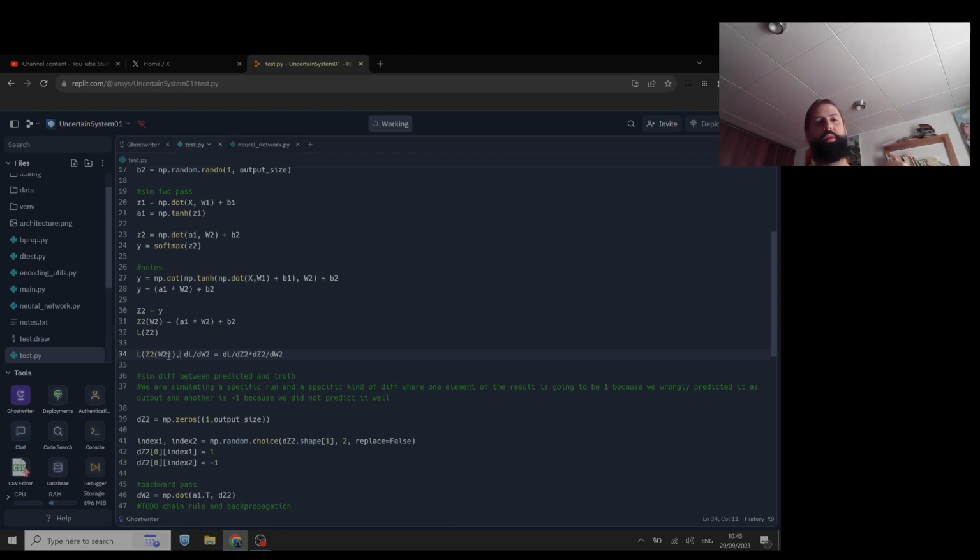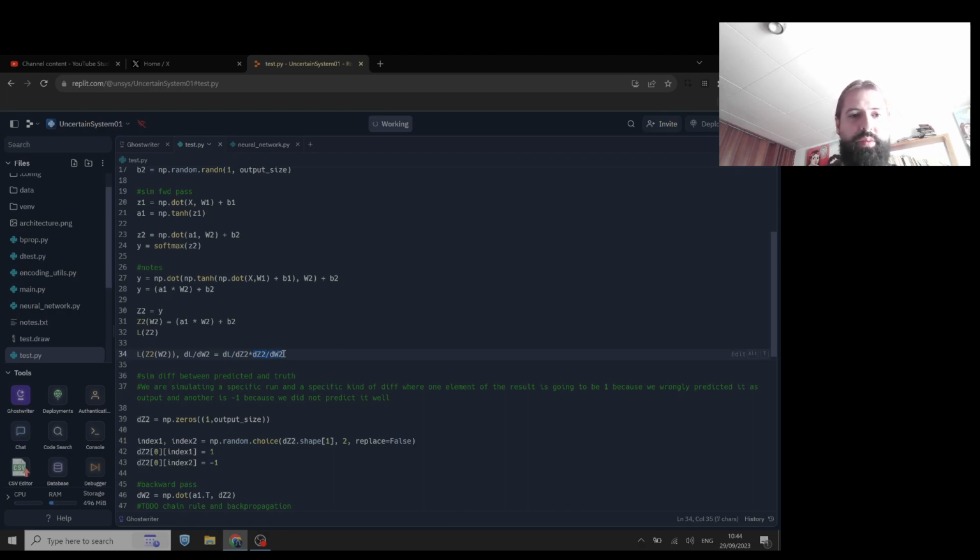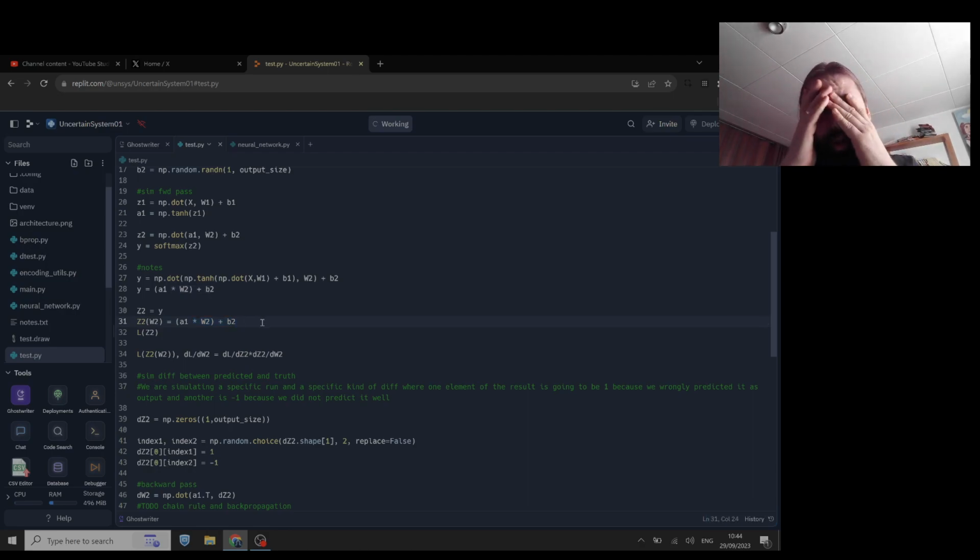If you want to calculate the derivative with respect to W2, then you need to calculate these two derivatives. This one we know, we have it because it's Y pred. And then the derivative of Z2 with respect to W2 is just basically take the formula of Z2. I get it. And you don't really care right here what A1 is really made of.